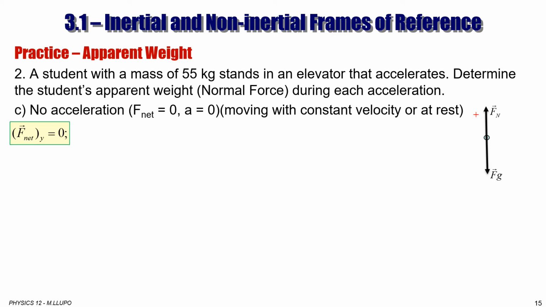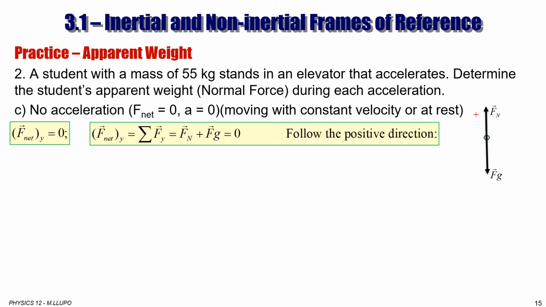So Fn and Fg have to sum to 0. Then we follow the positive direction, even in the first Newton's law. If we follow the same steps, we will never make a mistake. So Fn is positive, Fg is negative, equal to 0. Then we move Fg to the other side of the equation, and it becomes positive.